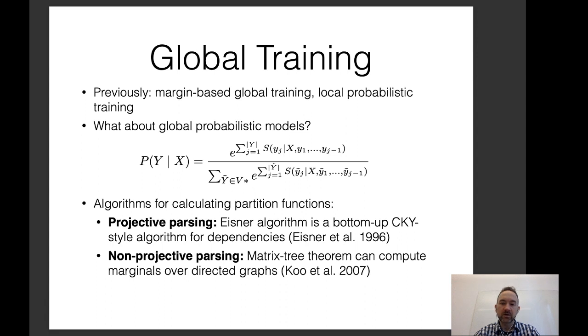There can be bottom-up CKY style algorithms, and there's also something called the matrix tree theorem that allows you to compute marginal probabilities over directed graphs. So, long story short, if we want to optimize the models to maximize the probability of getting the correct spanning tree, we can actually do that using some tricky math or dynamic programming. And these were applied to neural models in Ma et al. 2017.